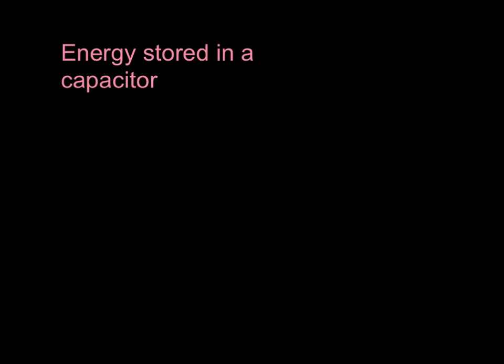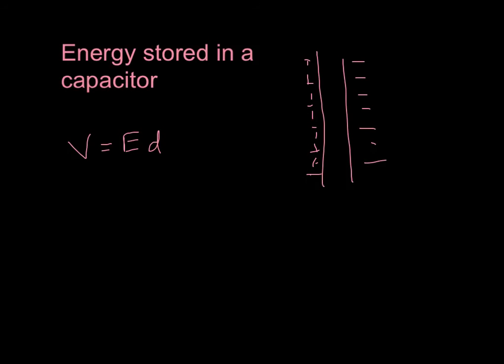So from the previous video, we know that the volts are equal to the electric field times the distance between them. Because if you have a parallel plate and you've got a bunch of positives and a bunch of negatives, you're setting up an electric field in between the two.